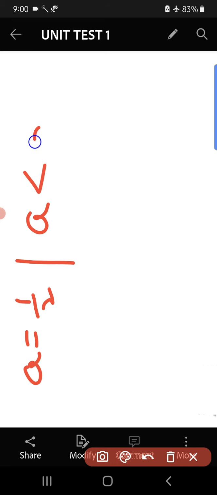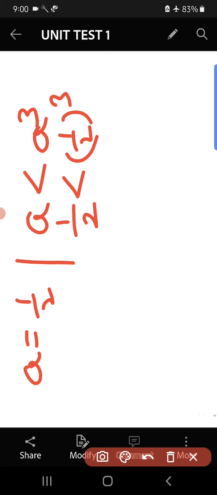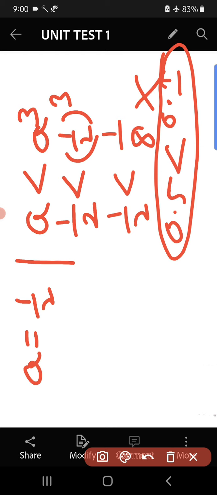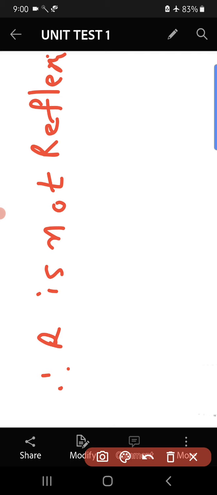We have to verify this: half less than half whole cube. Half means 0.5, less than 1 cube is 1, 2 cube is 8. Is it true? 0.5 less than 0.125 is not true. Therefore R is not reflexive. One example is enough to say that it is not reflexive.